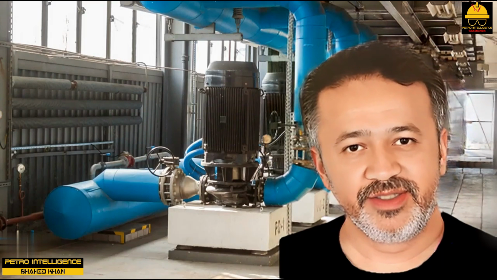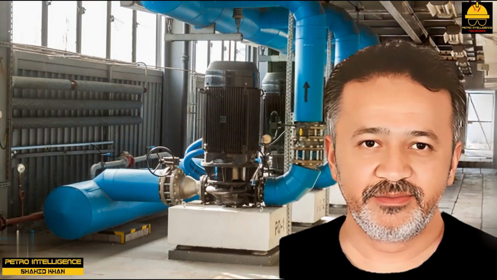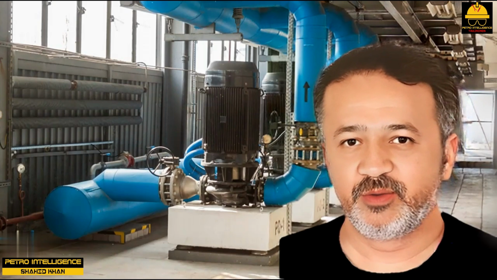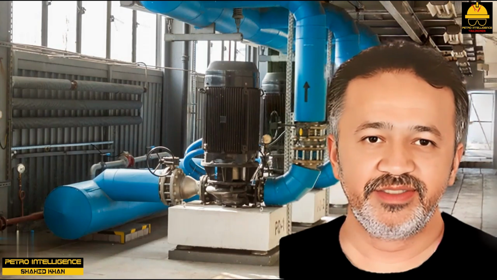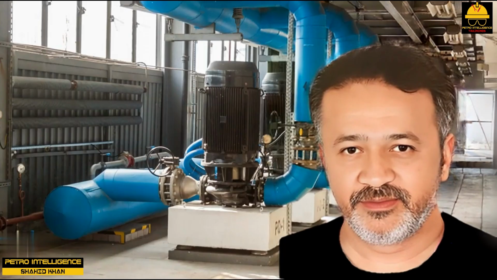We frequently increase the size of impellers to increase pump capacity and discharge pressure. However, many chemical plants break the law when they do so. State boiler codes require that vessels and heat exchangers downstream of pumps be rated for the maximum pump discharge pressure at the maximum specific gravity that can reasonably be expected, unless the equipment is protected by a relief valve.